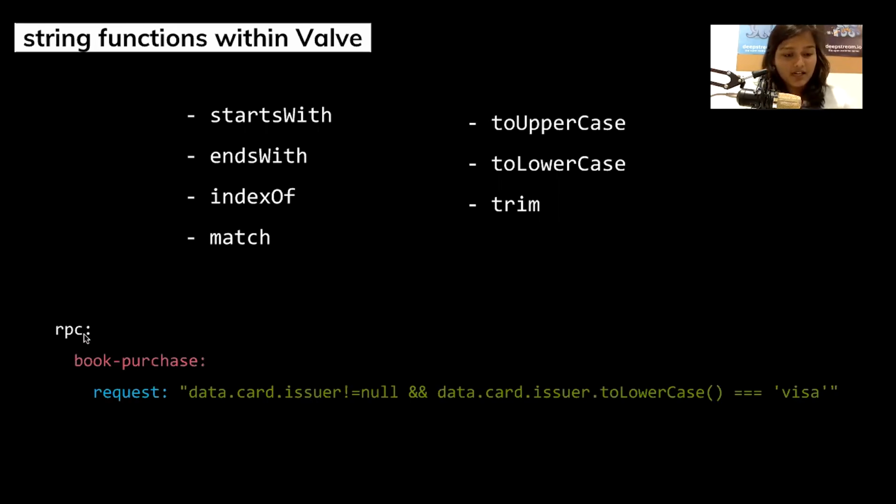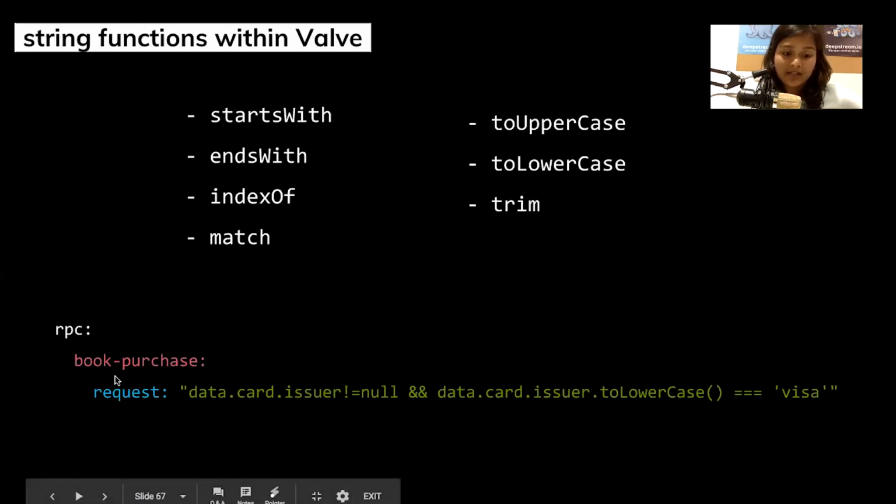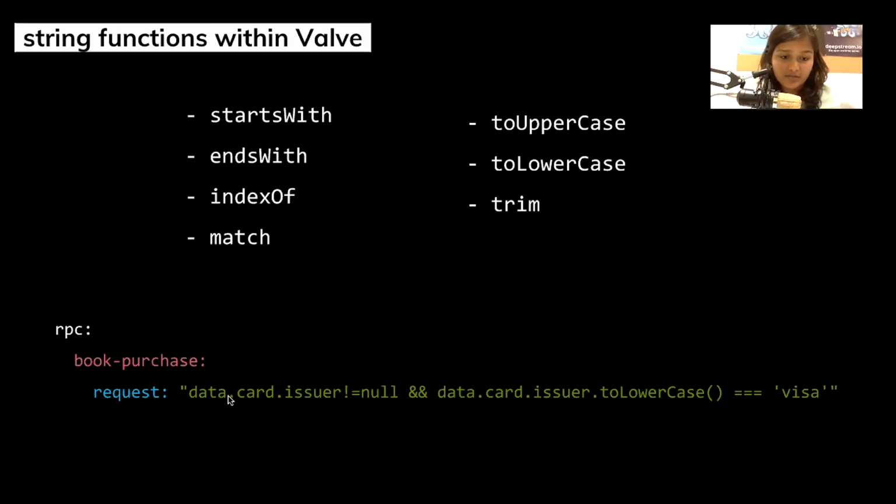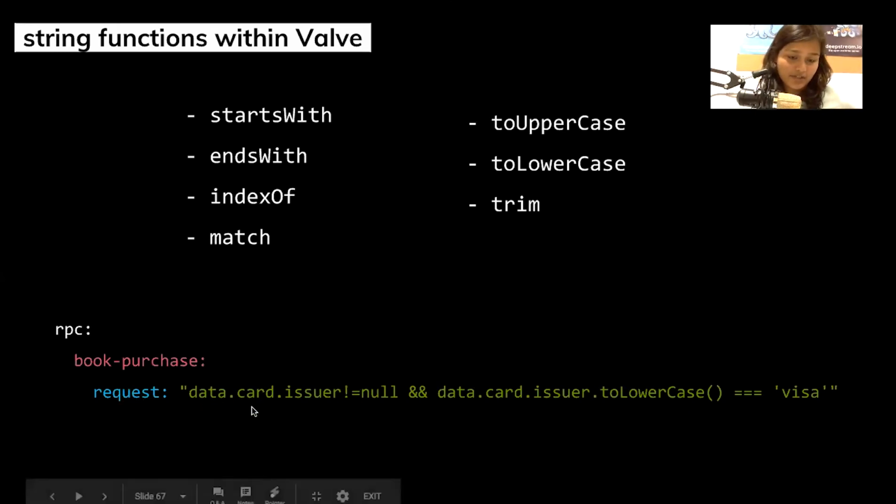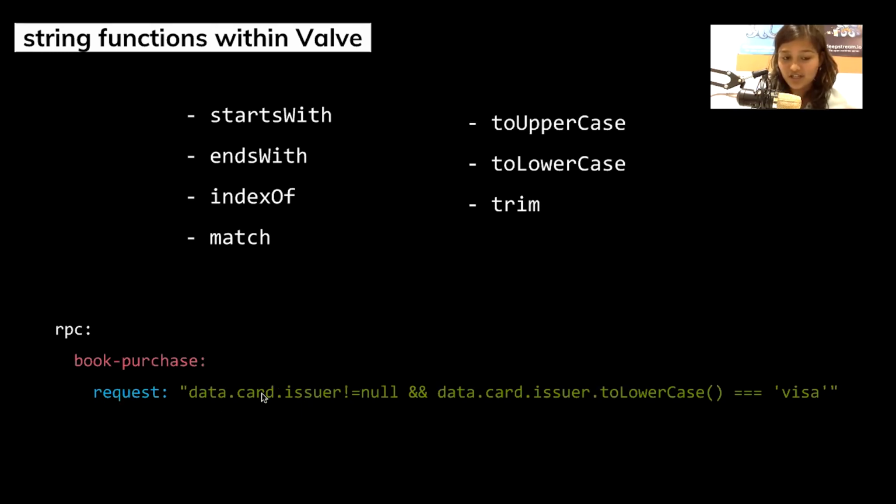So here we have an RPC, which is the type. We have the name of the RPC, which is book purchase in this case. And I would say request. Only if the data.card, now data, if you remember, was the server data. Within that, I have a particular card and I have a particular issuer for each card. Now I'm checking if there is an issuer that exists for each card within the server data, if it exists at all.